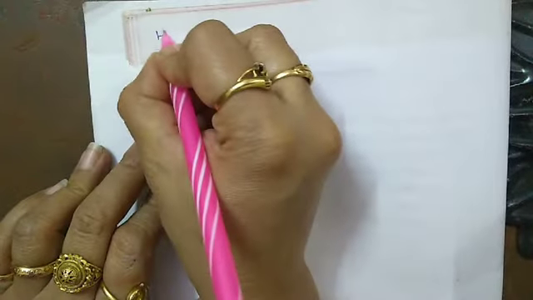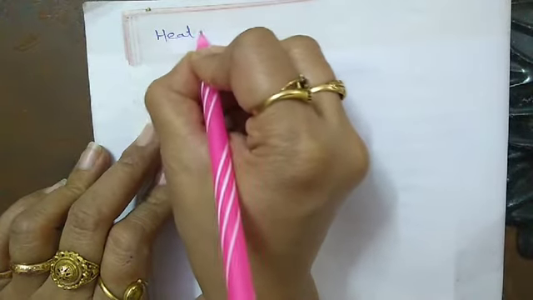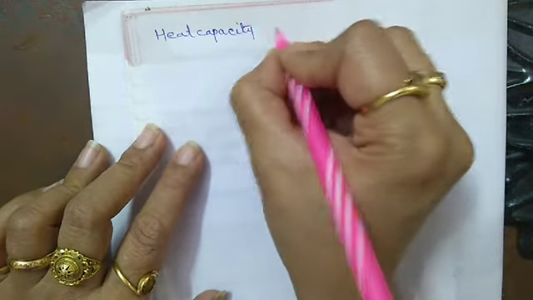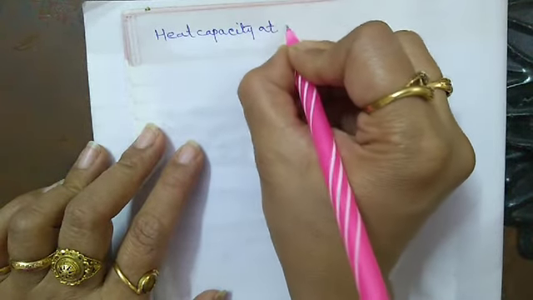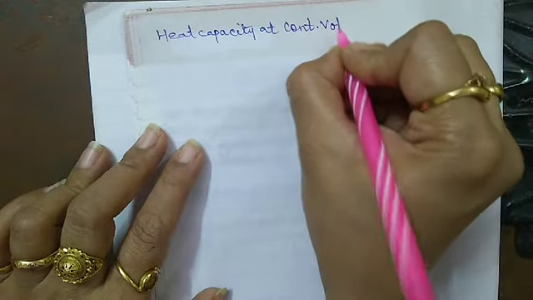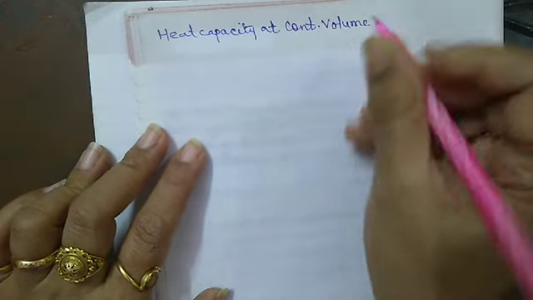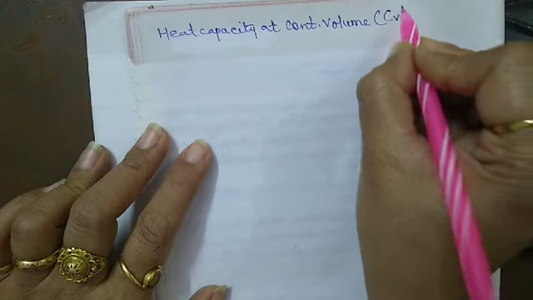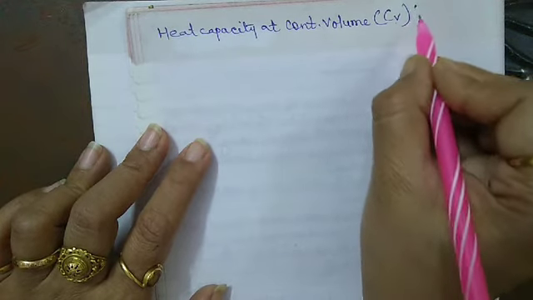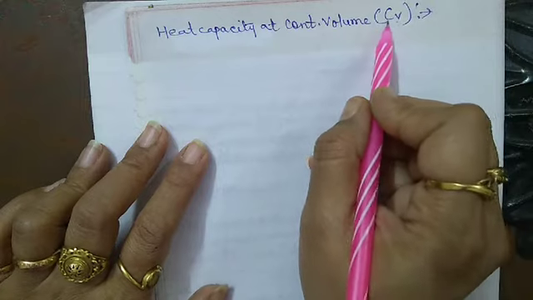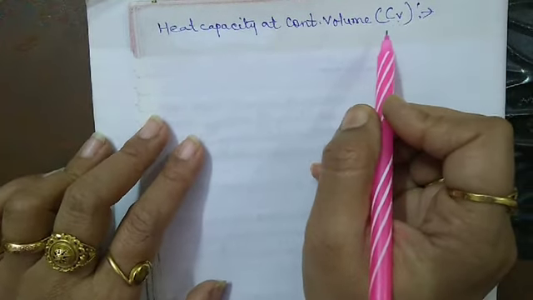Now the next topic is heat capacity at constant volume. Heat capacity at constant volume, that is Cv. Here the V stands for the volume and C is for the heat capacity.